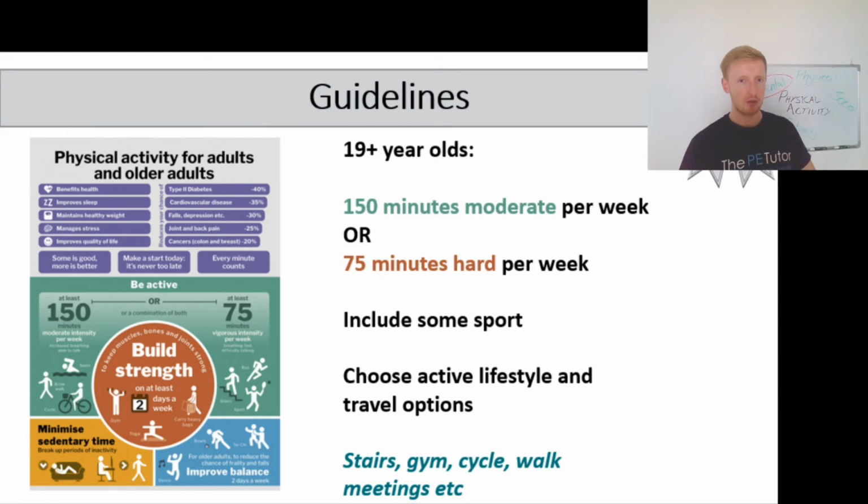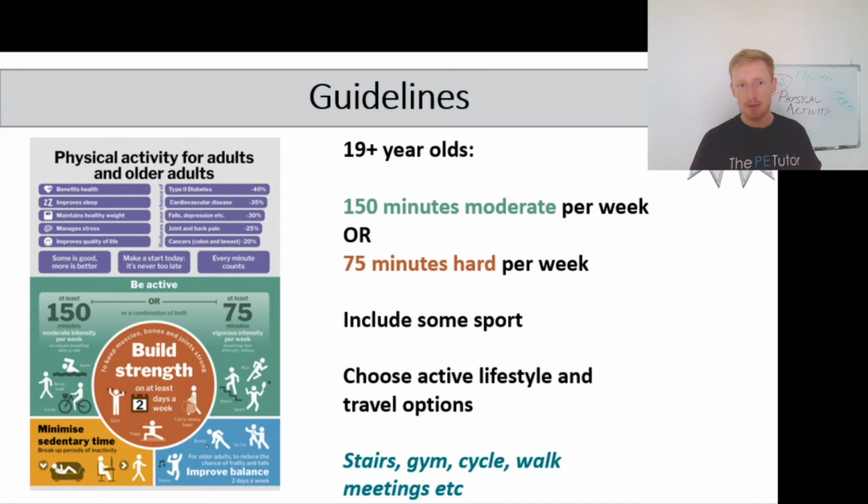It's quite difficult to walk to work casually. Yes, that might be moderate activity, but unless you're power walking at 70, 80, 90% of your maximum speed, you're probably not going to be including 75 minutes of hard intensity.